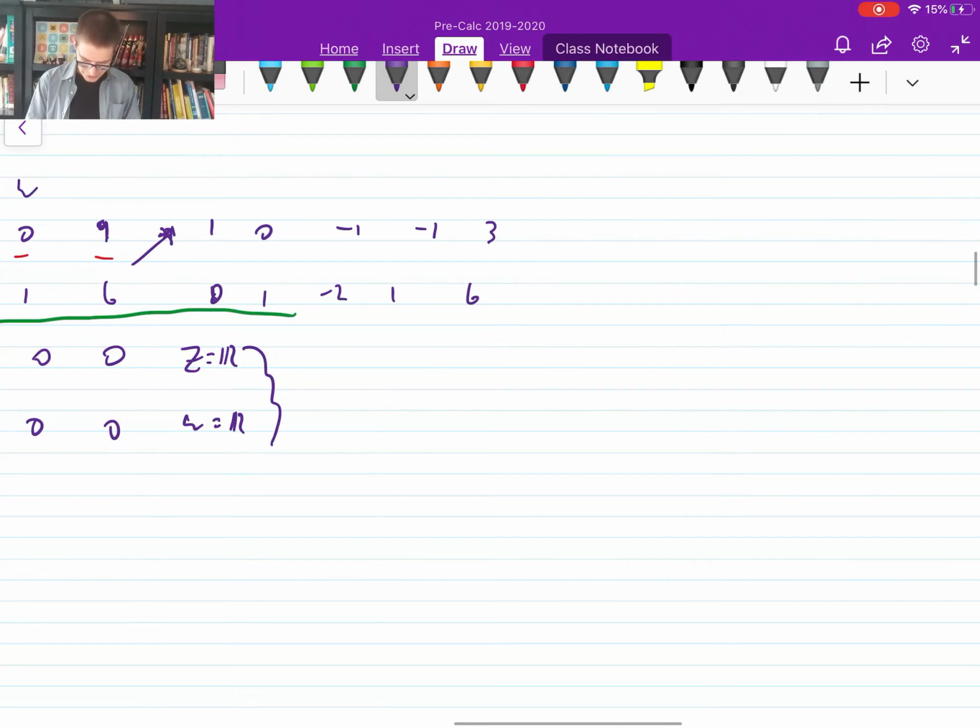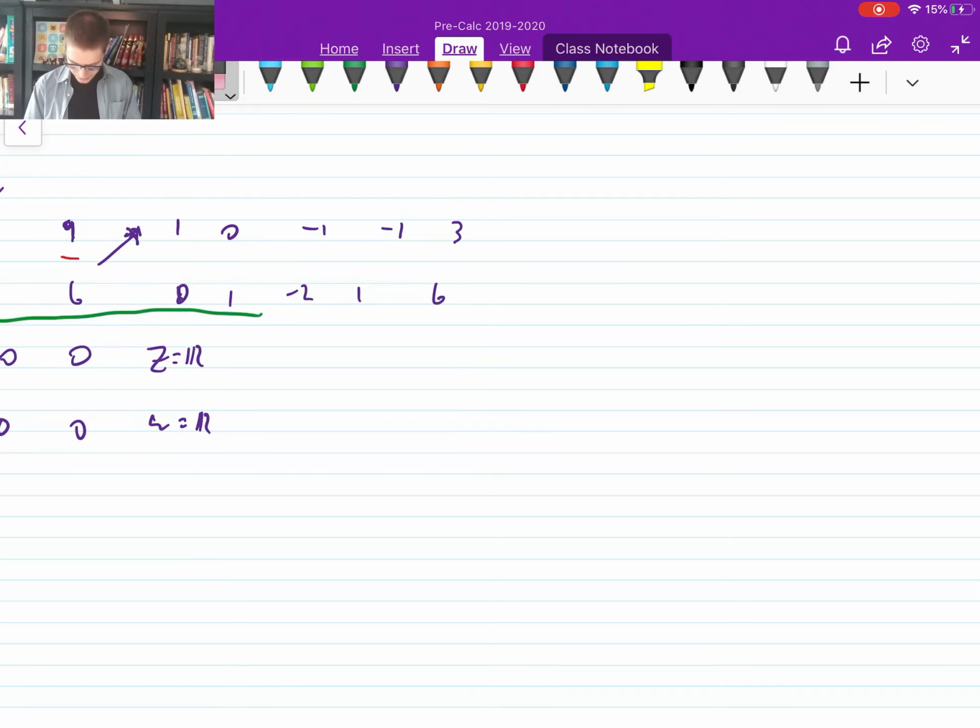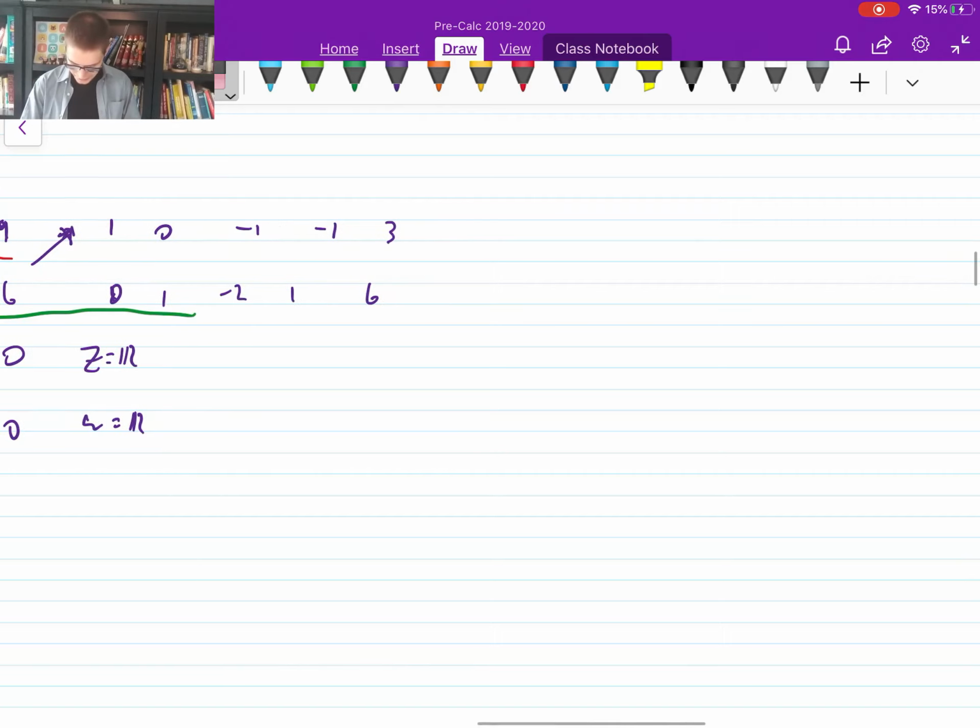So what we need to do then is just figure out what to do with the first two. Let's see if we can make equations for x and y. Let's bring this back into equation form. This would be x plus 0 minus z minus w equals 3 on the top, and we'd have 0 plus y minus 2z plus w equals 6.